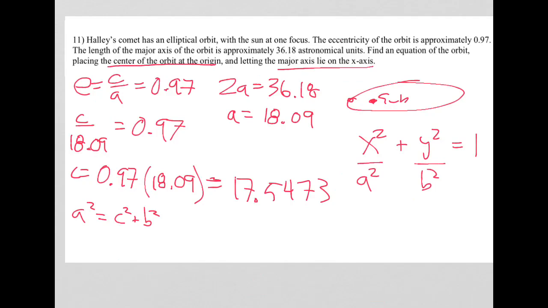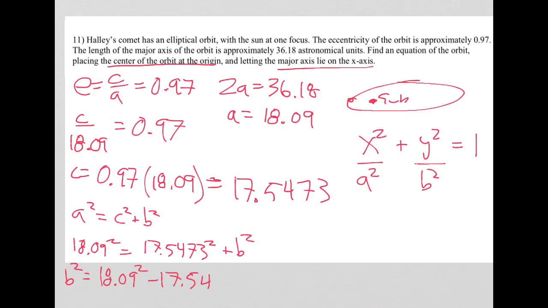Let's plug in what we know. 18.09 squared equals 17.5473 squared plus b squared. And so b squared equals this ugly mess, 18.09 squared minus 17.5473 squared.